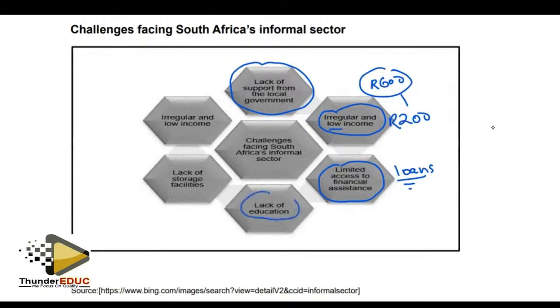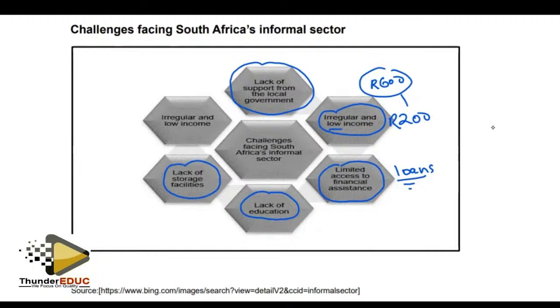Lack of education: the majority of these informal traders don't have the required skills to boost their businesses. And the lack of storage facilities, like we mentioned, they move from one place to another, so they don't have permanent storage facilities where they could keep their goods in good condition.